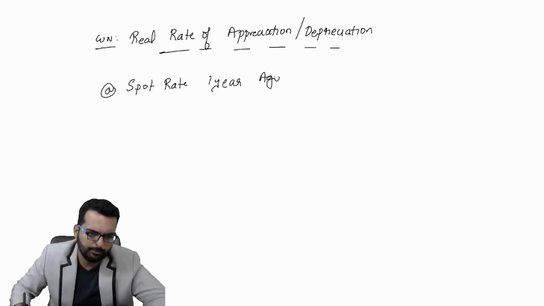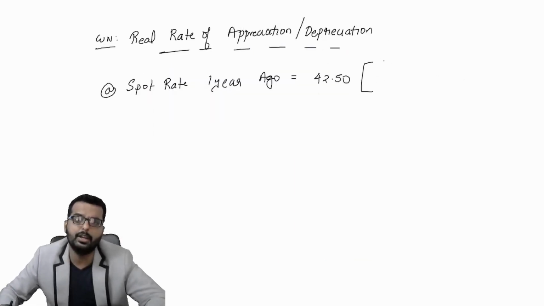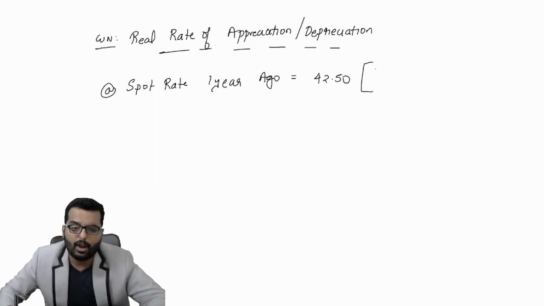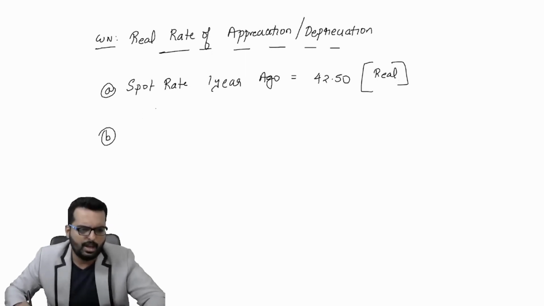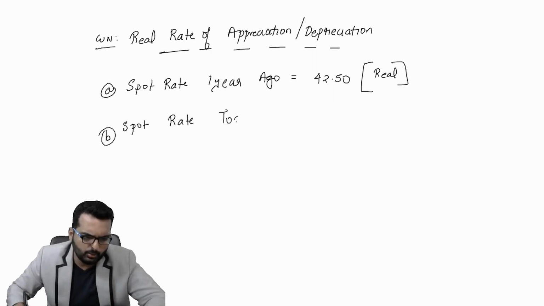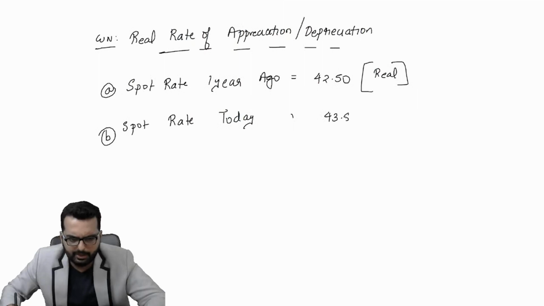All right, first I will write down spot rate 1 year ago. So 1 year ago it is 42.5. Everyone tell me 1 year ago will be what? Will it be real or will it be money? 1 year ago will be real. That is the base with which we start off. All right. Now, spot rate today that is given in the question is 43.85.